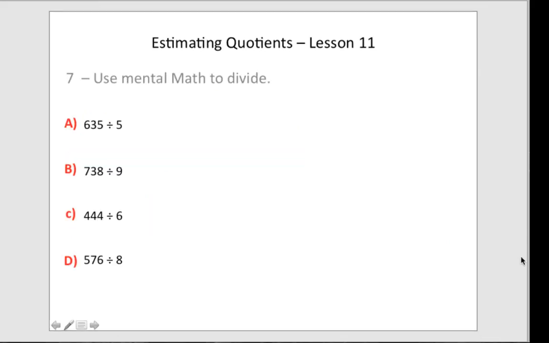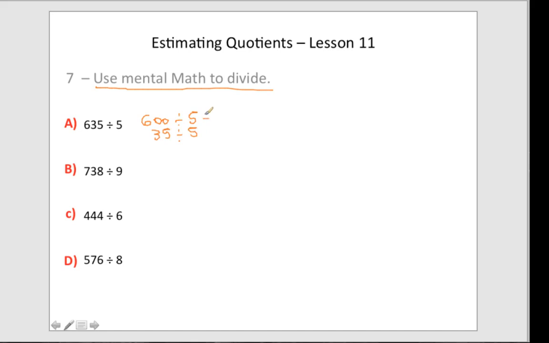Guys, here, question 7, I did not ask you guys to do it, but I see that many students had some trouble doing it. So I will try to do this as fast as I can, just to help you a little bit. Remember, when we use mental math to divide, we have a strategy of breaking the number. Remember that? So here, 635 divided by 5, what can I do? I can first divide 600 by 5, then 35 by 5.